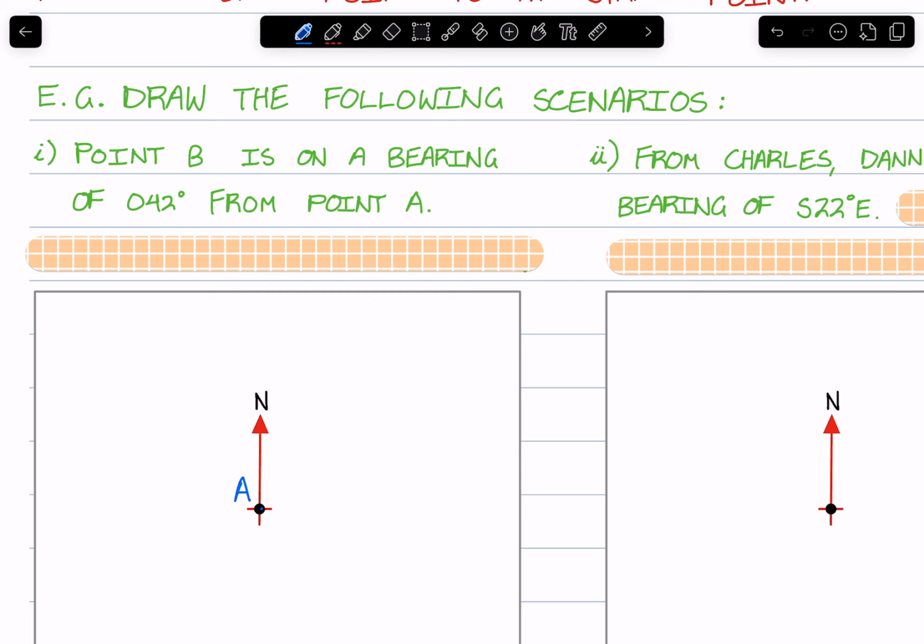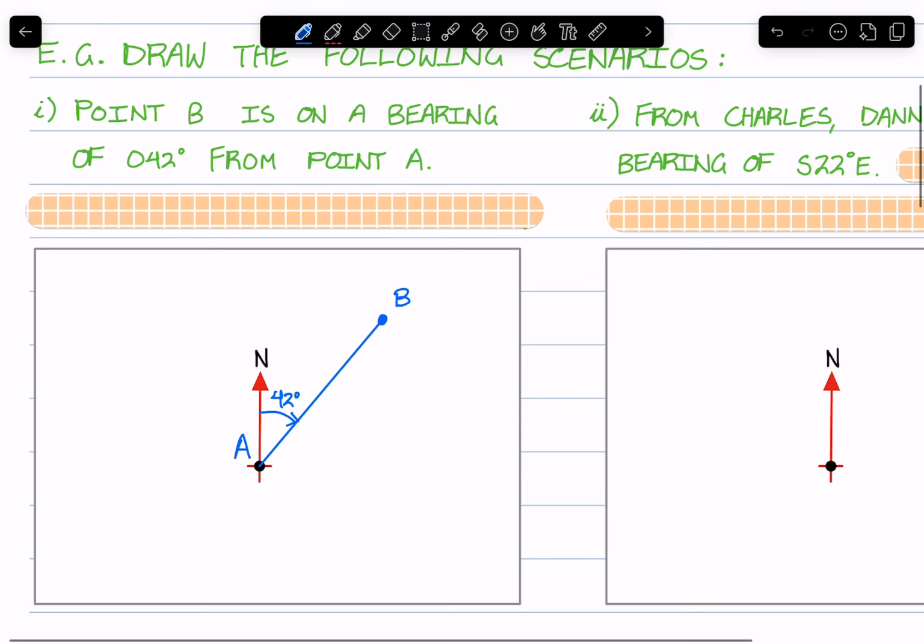So we're turning this way, and that is 42 degrees. And point B is off to this side here. And there we have our diagram.